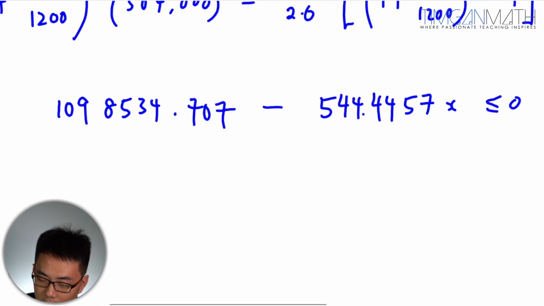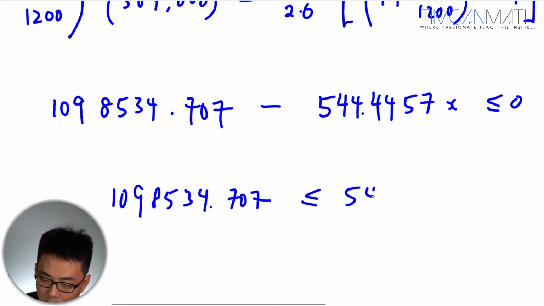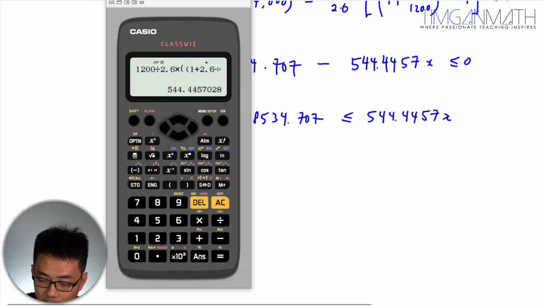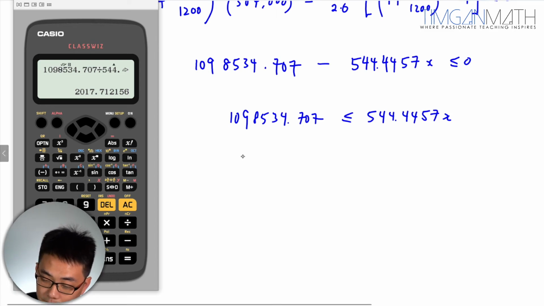Okay, so this case here will just be 1098534.707 over 544.4457x, and just divide 1098534.707 divided by 544.4457, which gives 2017.71.